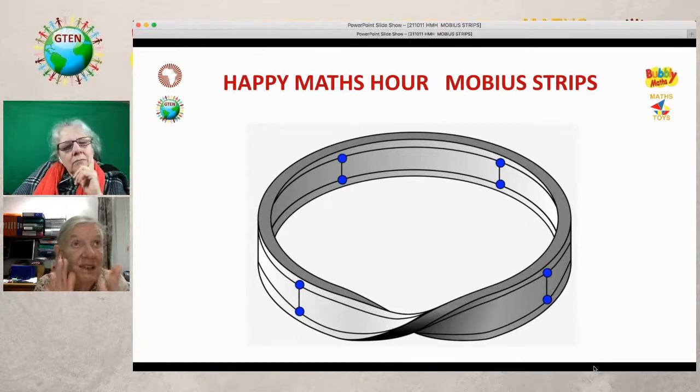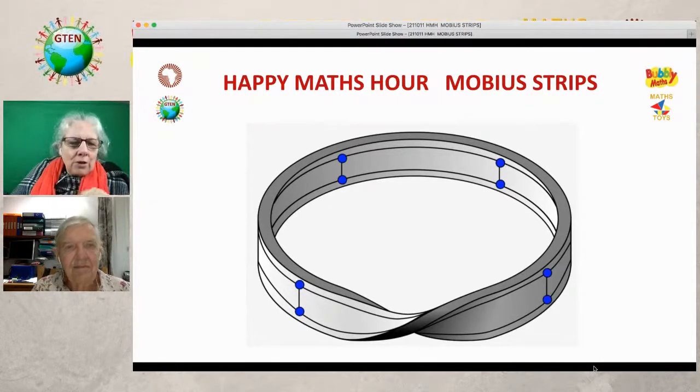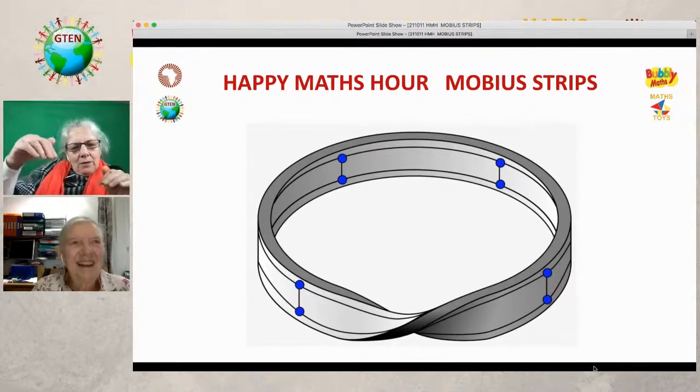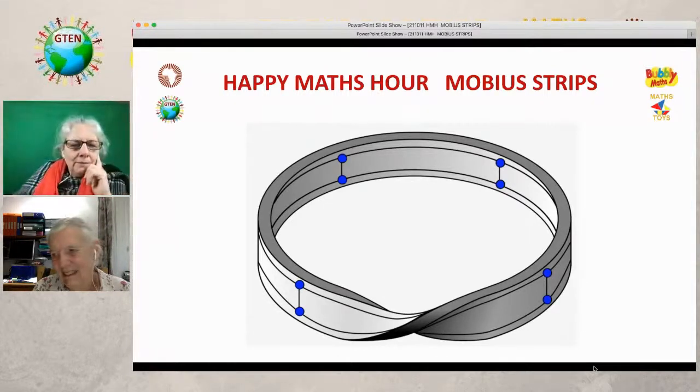What appeared, when it was a cylinder, to be an inside and an outside is now all one on the Mobius strip. It's like a never-ending roller coaster, and the bit that was facing inwards turns to face outwards. The bit that was facing outwards turns to face inwards, and it goes on forever.